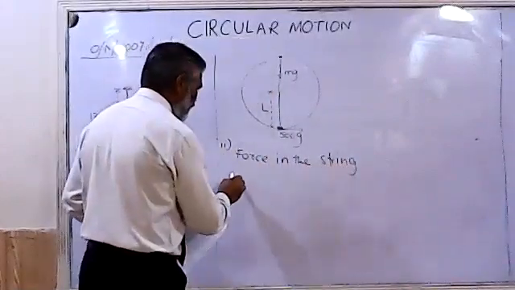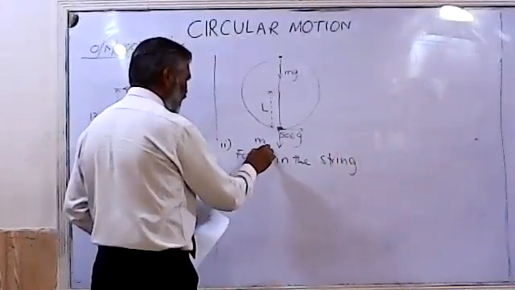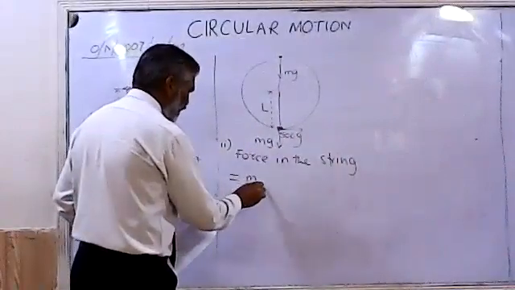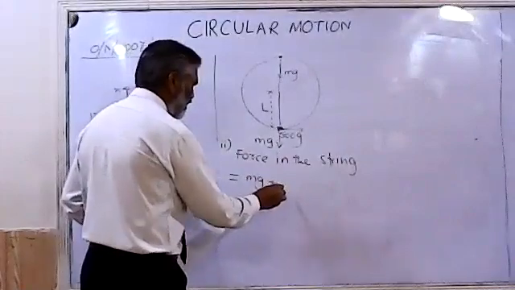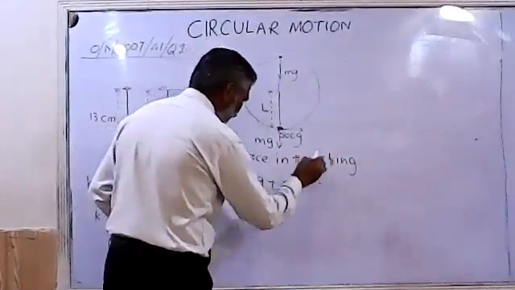This must be equal to mg, which is acting downwards, plus m r omega square.